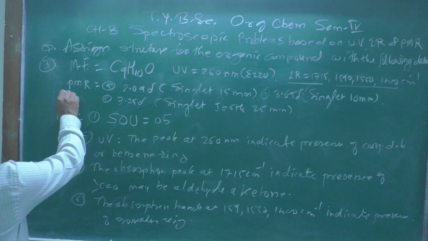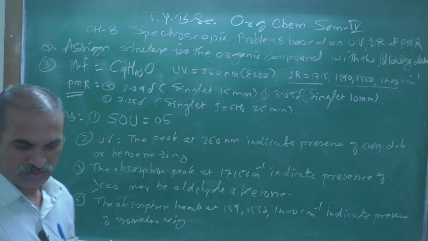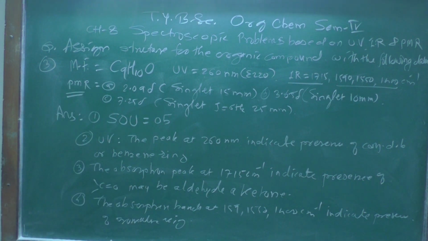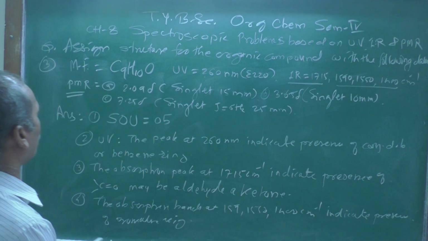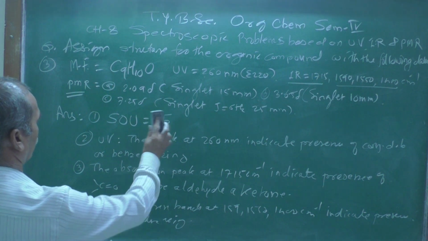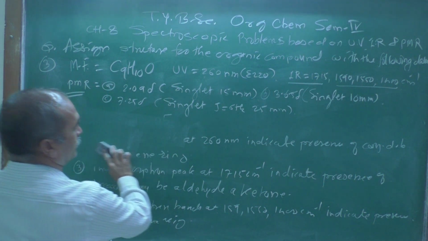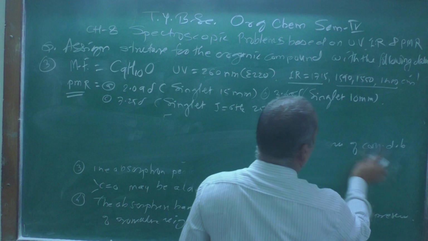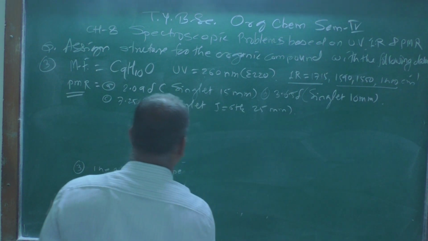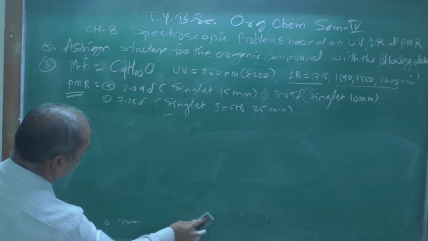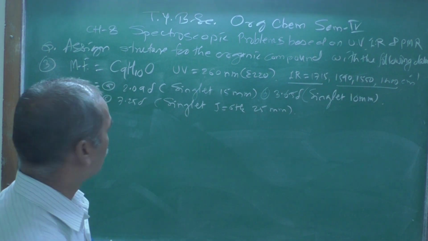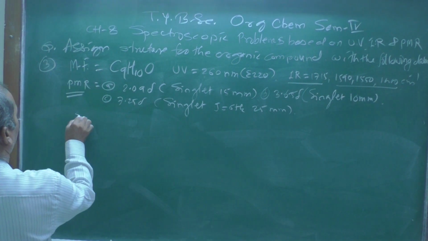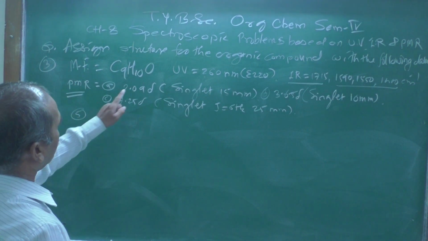Now let us move on to the PMR. The PMR data are given here, and we are going to see them one by one. Let me clean the board once again. Now remember, point number 5 onward.